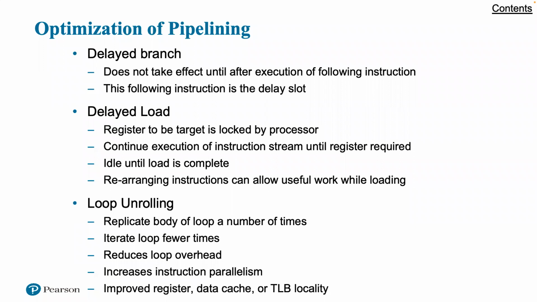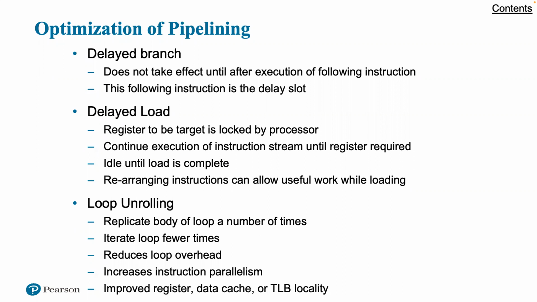All right, well, let's talk about optimization of pipelining. Because of the simple and regular nature of RISC instructions, it's easier for hardware designers to implement a simple, fast pipeline. There are a few variations in instruction execution duration, and the pipeline can be tailored to reflect this.